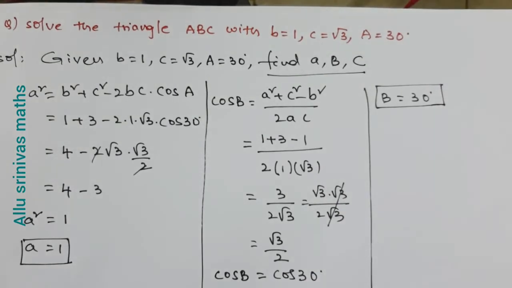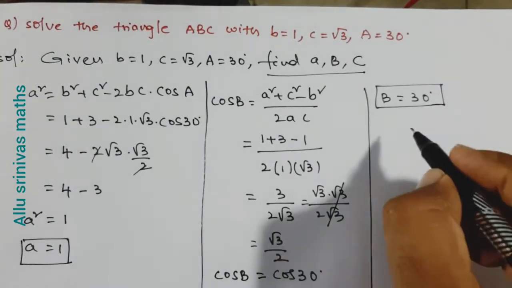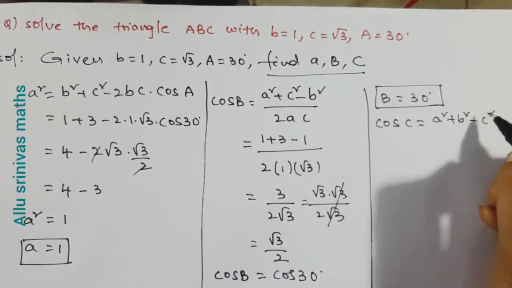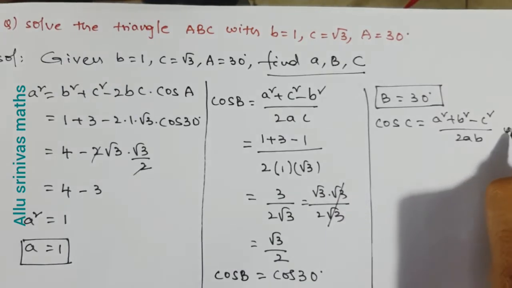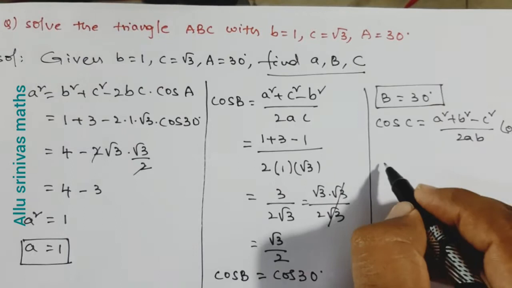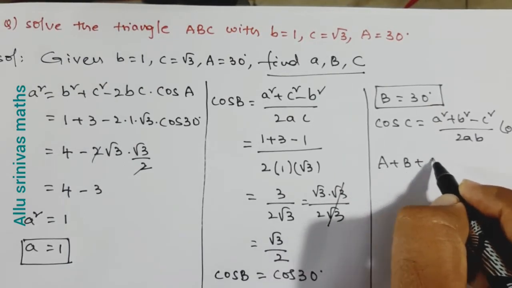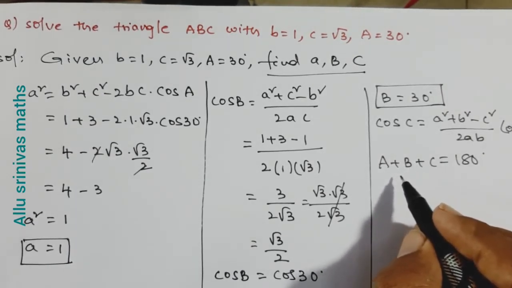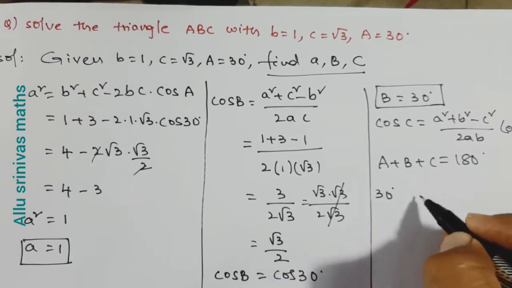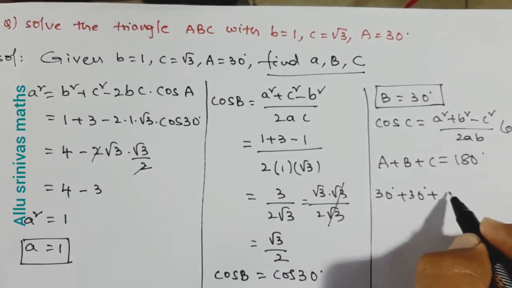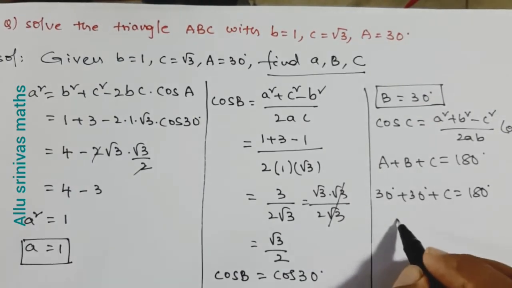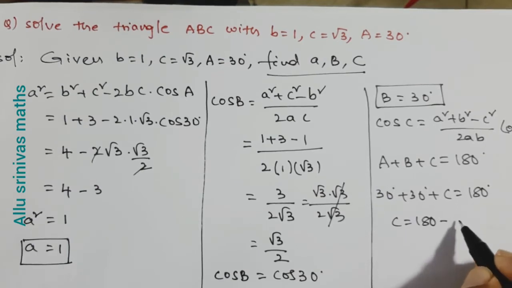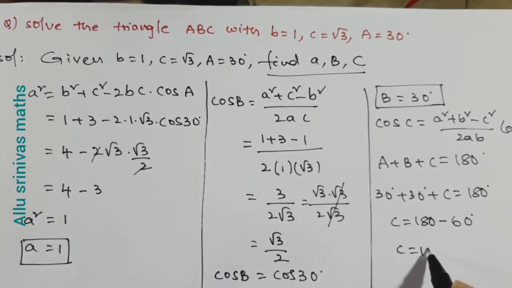Next we have to find angle C by using the cosine rule, cos C equal to a square plus b square minus c square by 2ab, or the relation between the three angles, A plus B plus C equal to 180 degrees, where A is 30 degrees and B is 30 degrees, plus C equal to 180 degrees. 60 degrees sent to RHS side, 180 minus 60 degrees, and then C equal to 120 degrees.